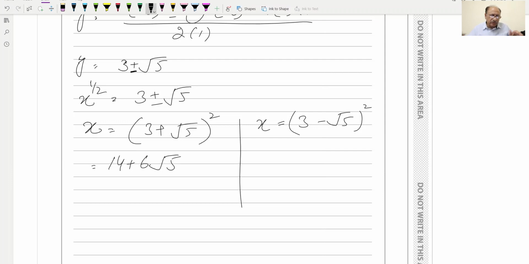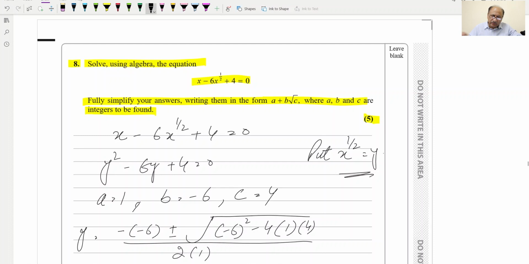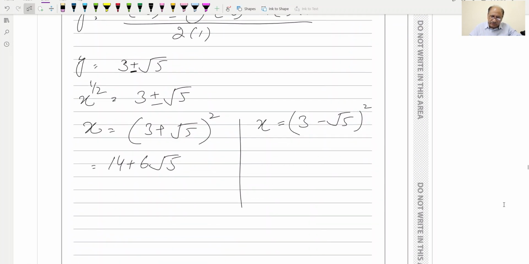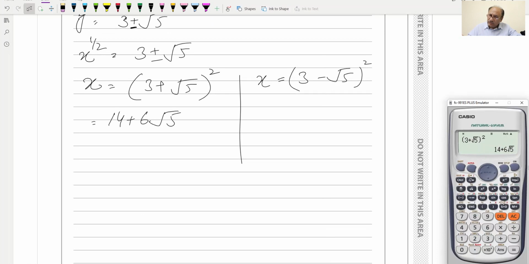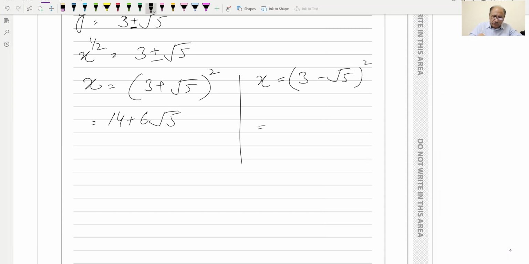So this will be in that form, because they are saying they require the answer in a plus b under root c format. So if we take the negative one, this will be 14 minus 6 under root 5, and these two will be our x values which we are supposed to find. Hopefully you understood this.